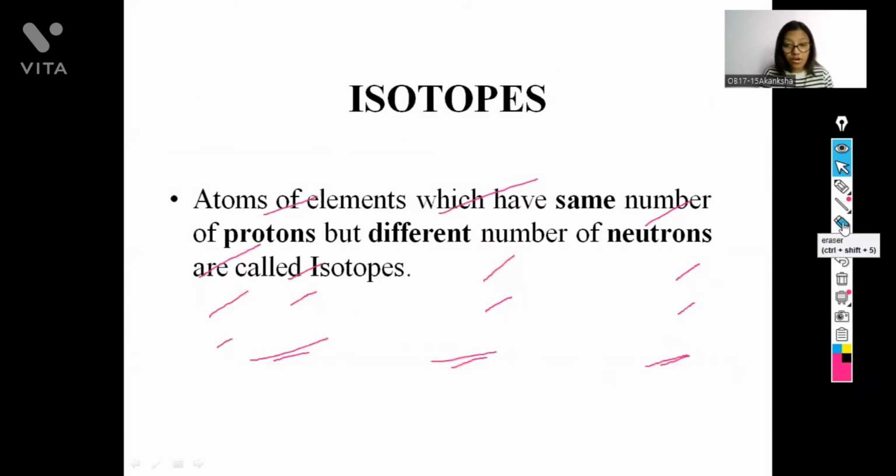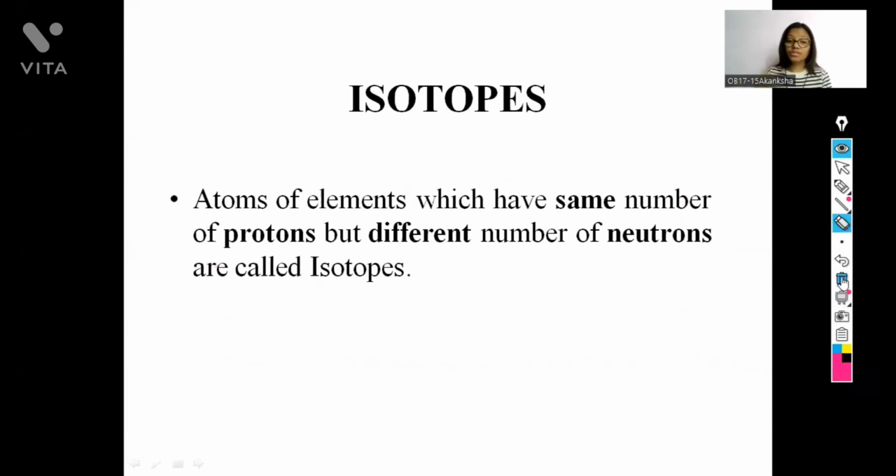Atoms of elements like C12, C13 and C14 had the same number of protons, 6, 6 and 6.